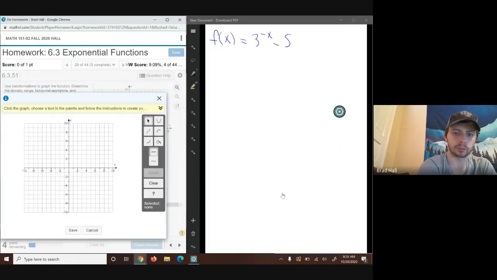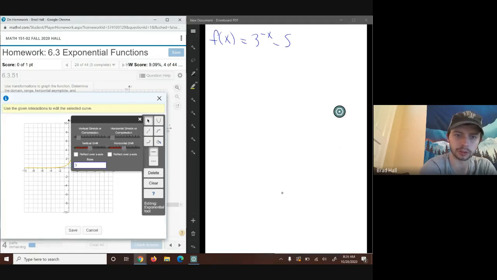For this section, you're going to be using this exponential tool right here. And it even says at the bottom, exponential tool. Whenever I interact with the graph, it starts asking for vertical stretch, horizontal stretch, and all that stuff. So this gives us an idea of how to present the information.